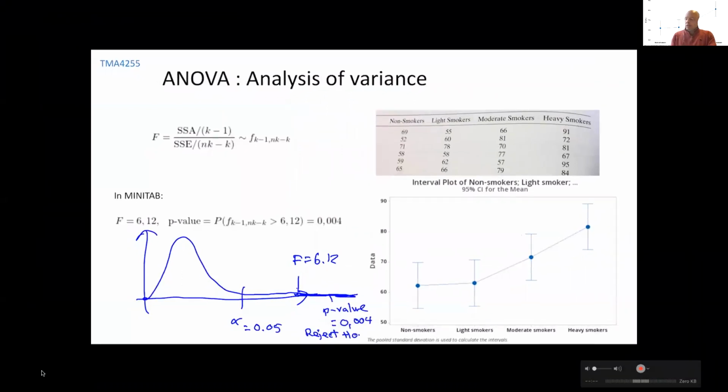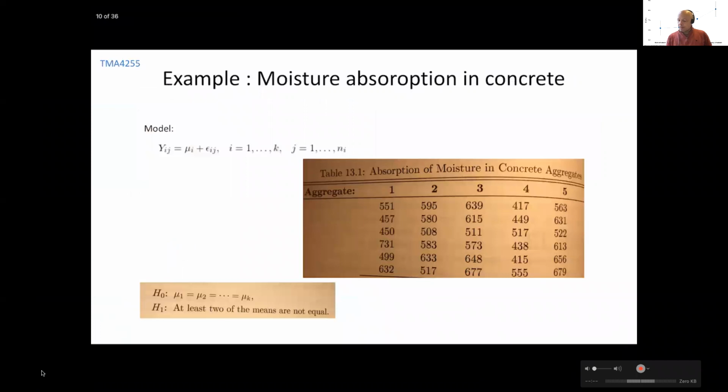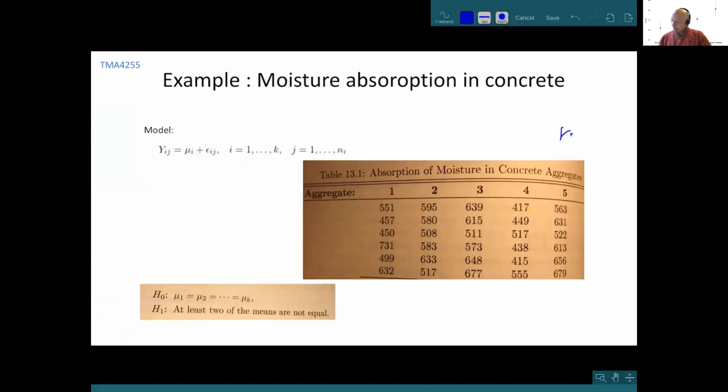So we can do another quick example. This is moisture absorption in concrete, where we have k equal 5 groups. And we again do this hypothesis test if the groups are similar or if they are different. Hypothesis 0 is saying that the groups are the same. They can just be merged.